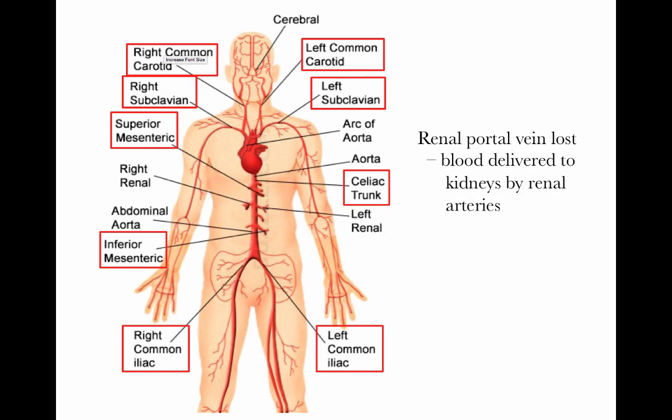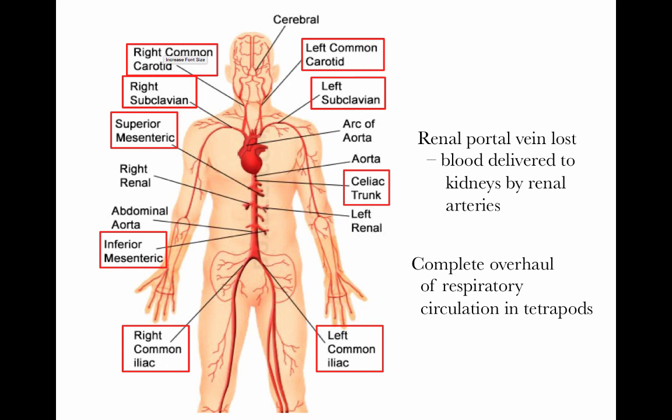In the case of tetrapods, that renal portal vein has been lost, so the blood is delivered to the kidneys by this pair of renal arteries coming directly off of the aorta rather than going through a renal portal system. We no longer have that highly muscularized tail that requires the blood to be filtered directly from that region of the body. So we take the blood directly from the arterial system to be filtered of metabolic wastes.